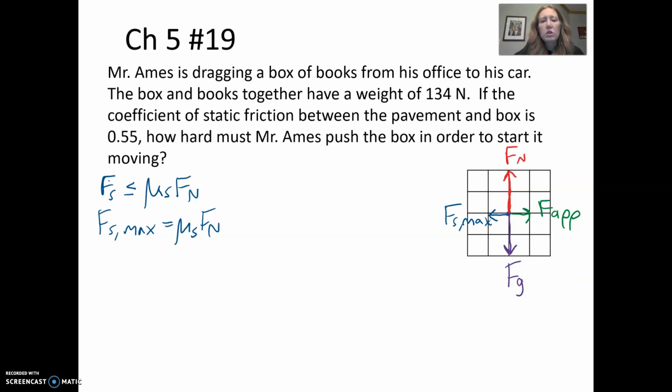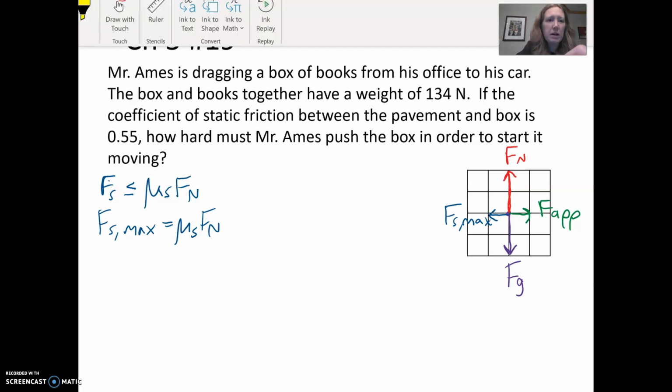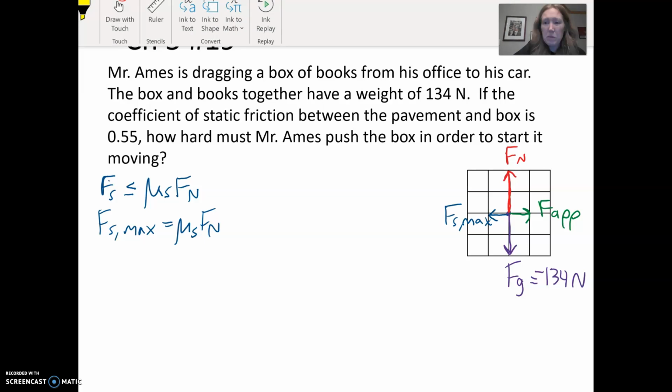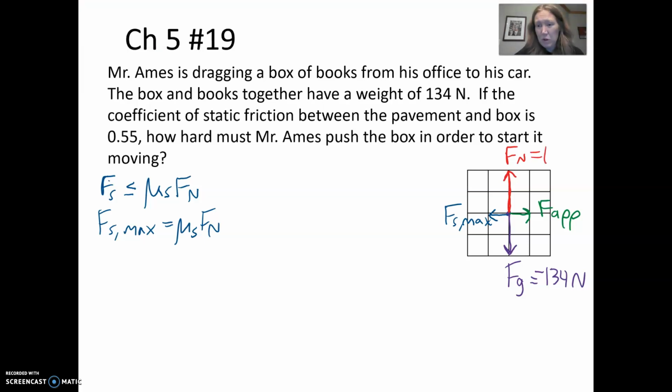Okay, so I need to know normal force. Well, that's not so bad because I know weight. They just told me that that's 134. I usually put it negative. That means that normal force is going to be positive 134 because normal and gravity are canceling this time.